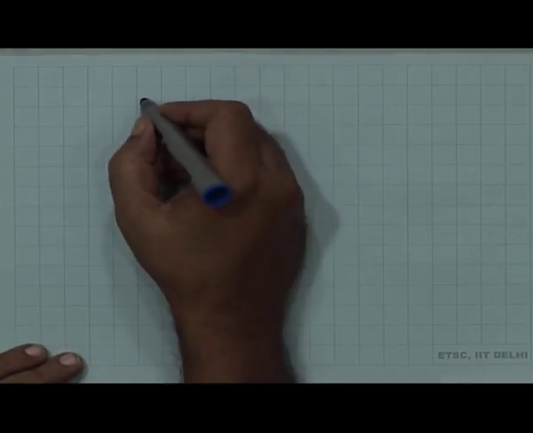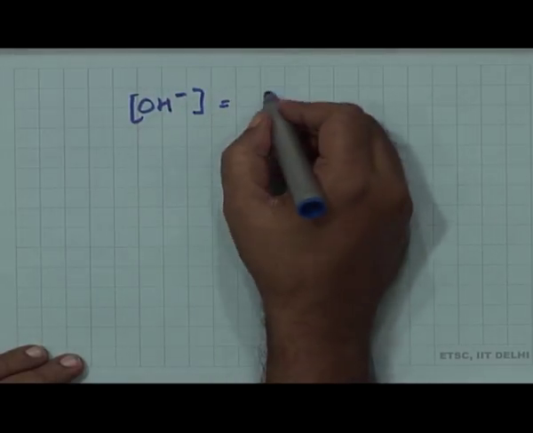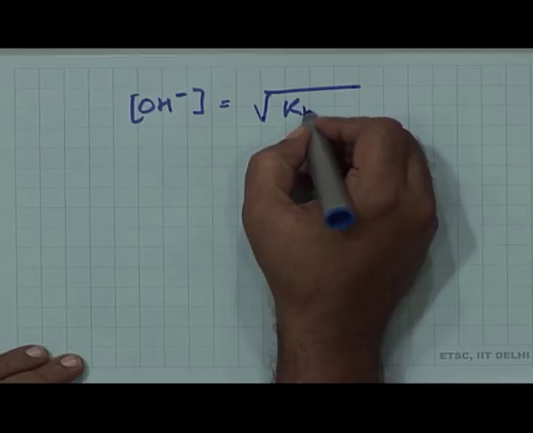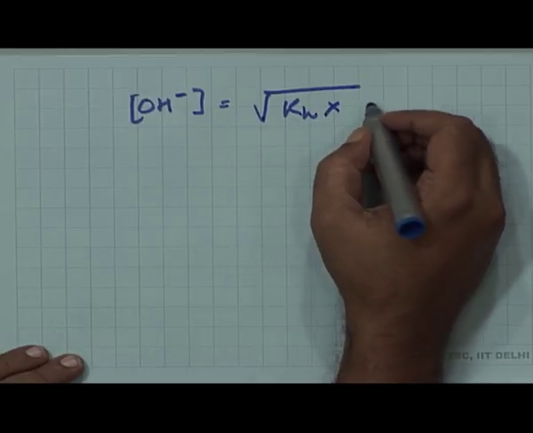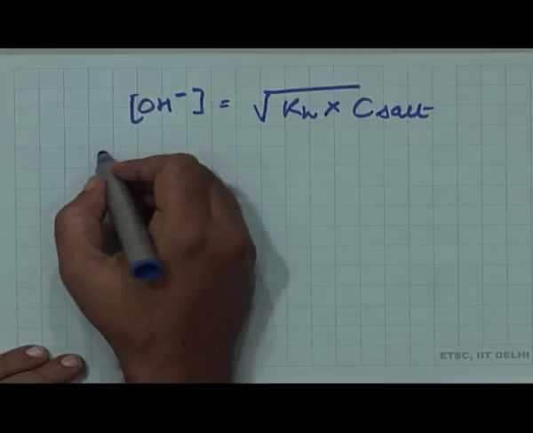Now, since we know OH minus ion concentration is equal to square root of Kh into your C salt, we can write pOH.